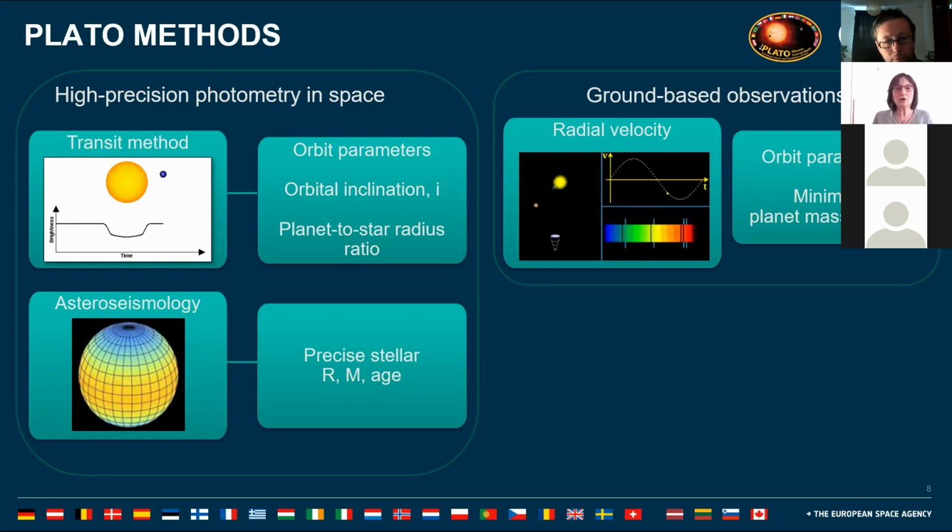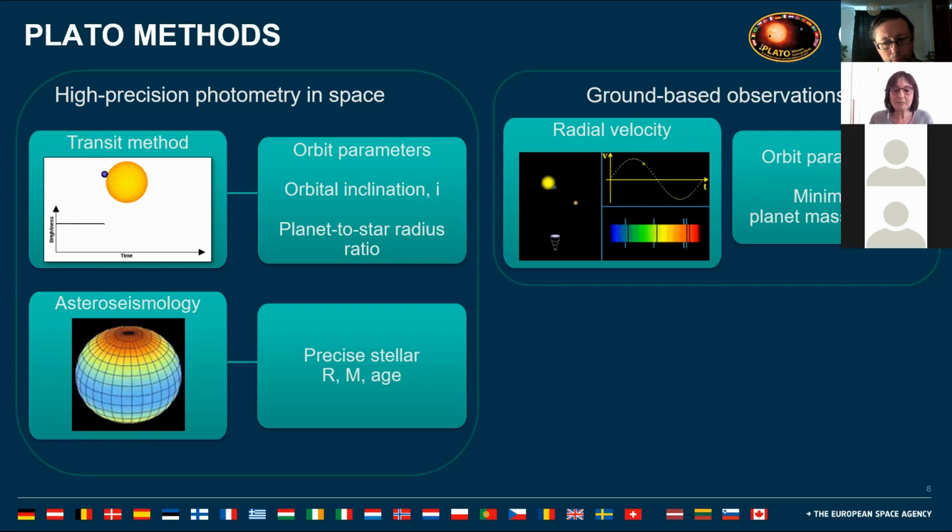Because the star moves due to the influence of the planet around the star, this movement creates a Doppler effect on the spectrum, so we can determine the planet mass that is influencing the movement of the star.